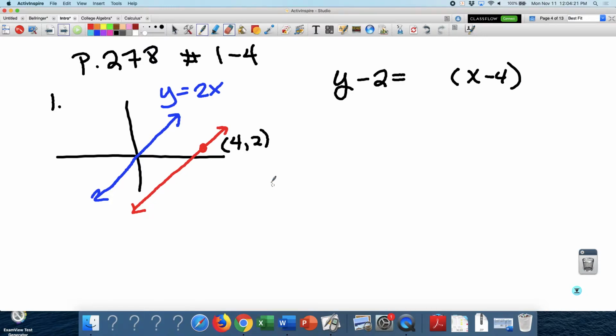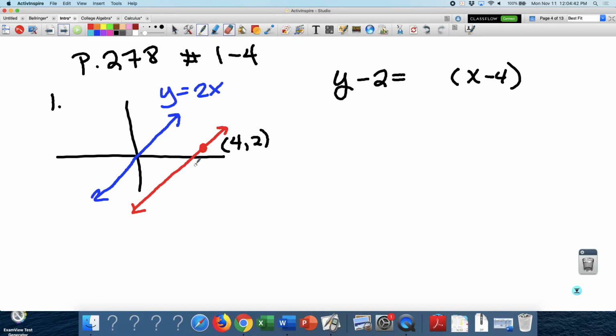So do you see that they gave you the point that they want you to use on the red line? Now, what are these lines? Are they parallel or perpendicular? They're more parallel in the book than my drawing. Do they give you the slope of the other line? Yes.